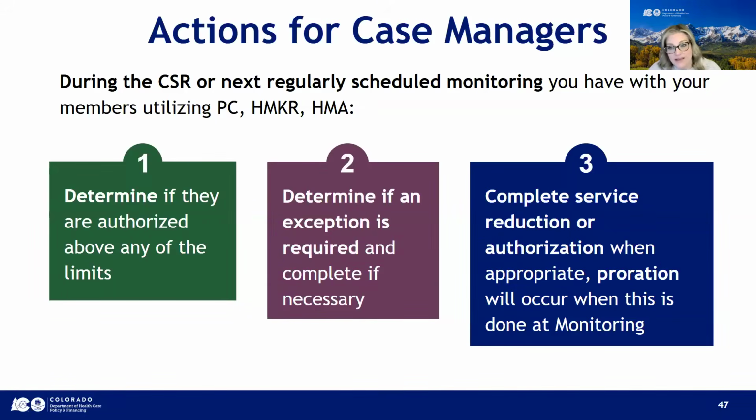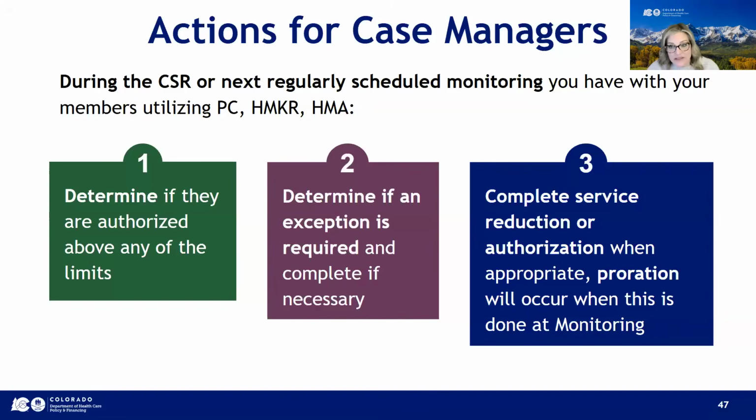More specifically, at a continued stay review, you are conducting new assessments using your age-appropriate guidelines when needed for children. You're going to use the revised direct care service calculator to authorize personal care, homemaker, and HMA services, and you cannot authorize services above the new limits without the appropriate level of approval.